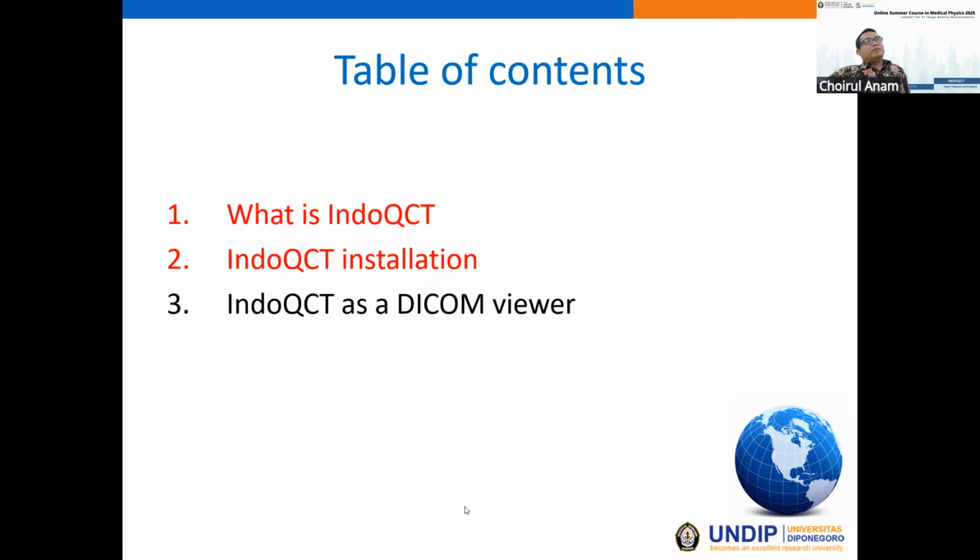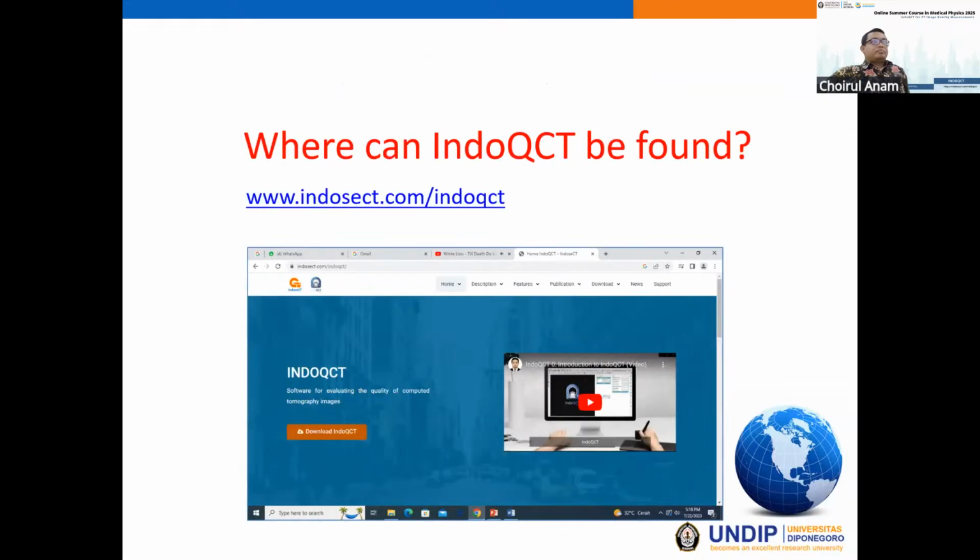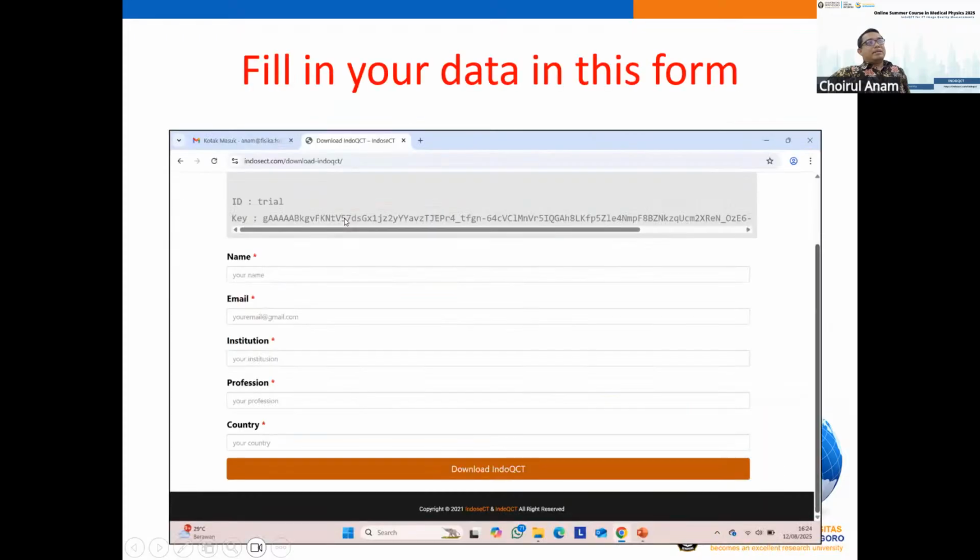And now we will move to the IndoQCT installation, and I will explain first, and after that we will try together to install the IndoQCT. Okay, the IndoQCT file can be found from this website, IndoQCT.com.